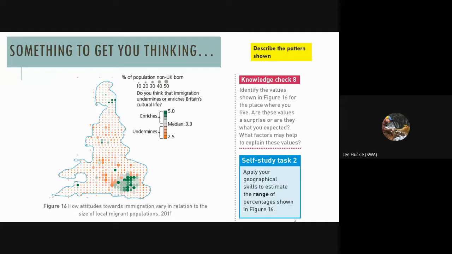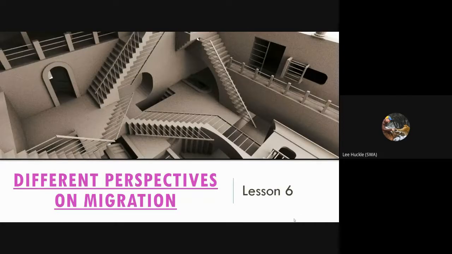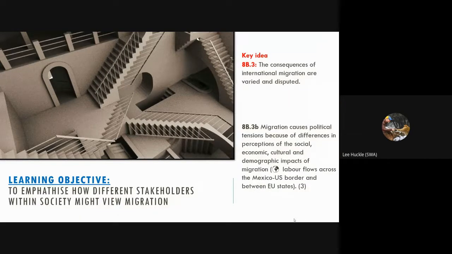So basically, areas of the UK, areas of cities mainly, where you do have a larger percentage of immigrants, the people who are British born and live here see it as a good thing. It enriches their lives. But in rural areas, they don't experience migrants so much and therefore don't have that same opinion. So this is all about different perspectives, people's opinions on migration.